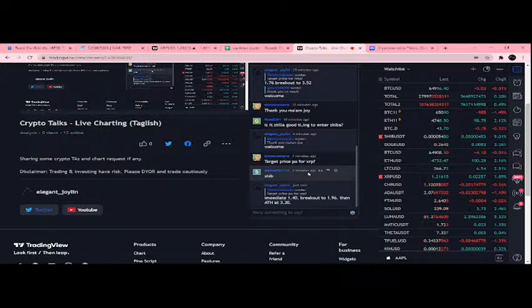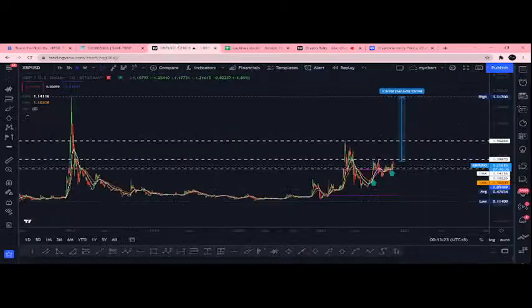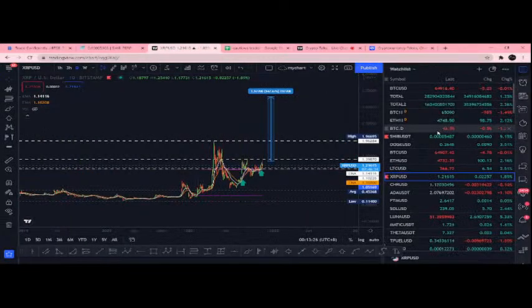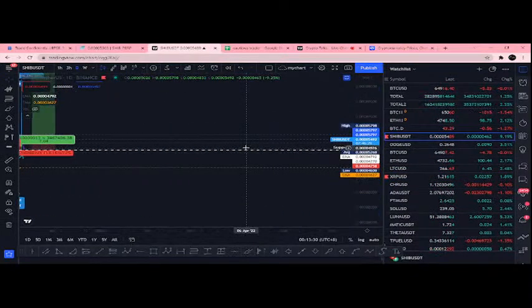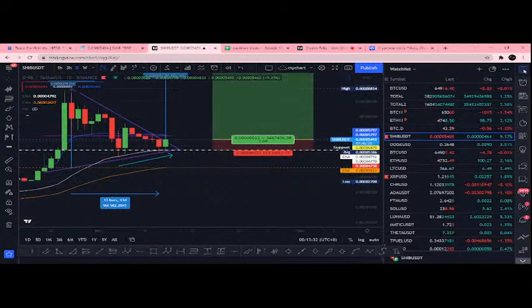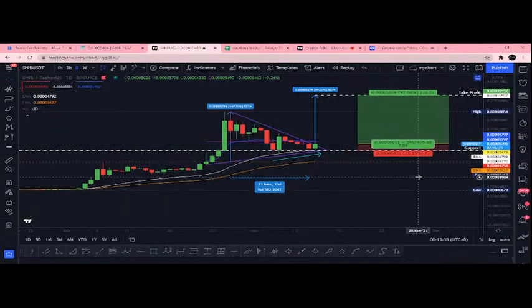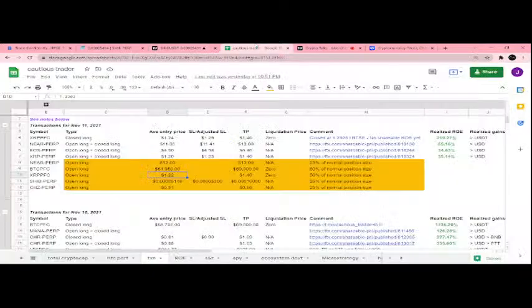So SHIB, I think we're done with XRP, so I'll just move to this one. Personally, I have a long position in Shiba, but I opened it at 5,146. I entered the stop loss at 5,300 and my possible TP at 10,000.